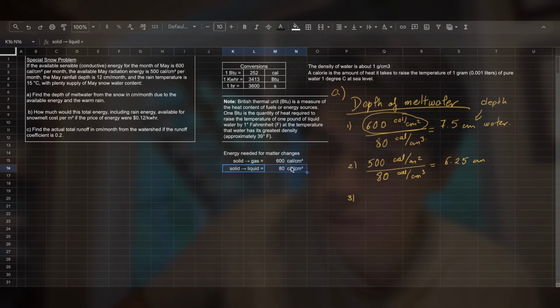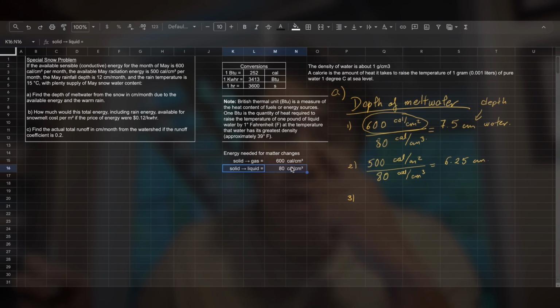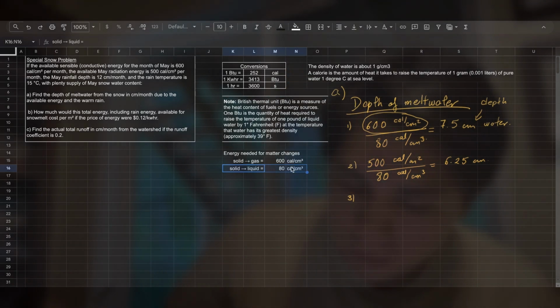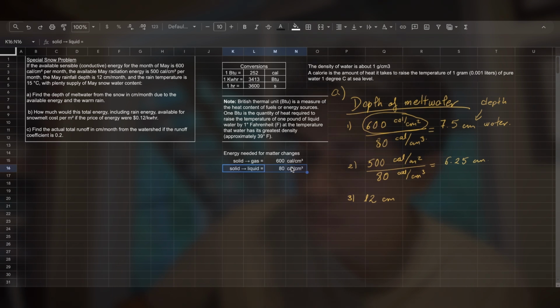And the last one is we need to know how much water the rain falling on the snow would produce. We are given that we have 12 centimeters of rain, and the temperature of that water is 15 degrees Celsius.